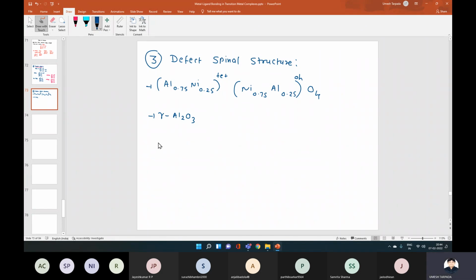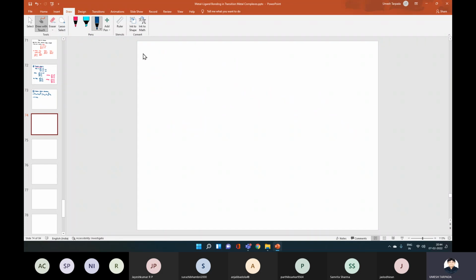So how, using CFSE, can you predict whether a given structure is a spinel or inverse spinel? How to predict it? See, this is predicted on the basis of crystal field stabilization energy.